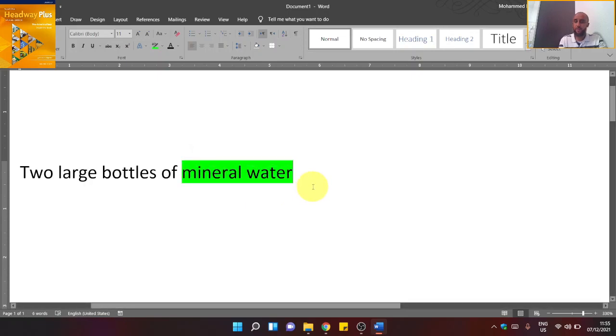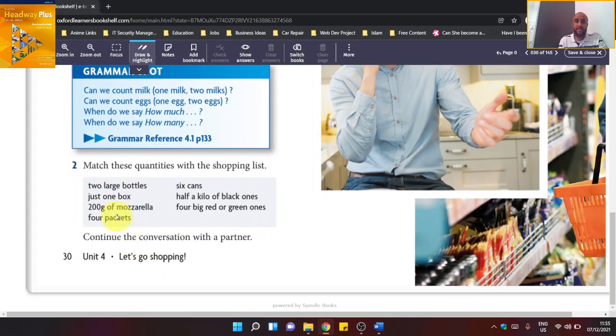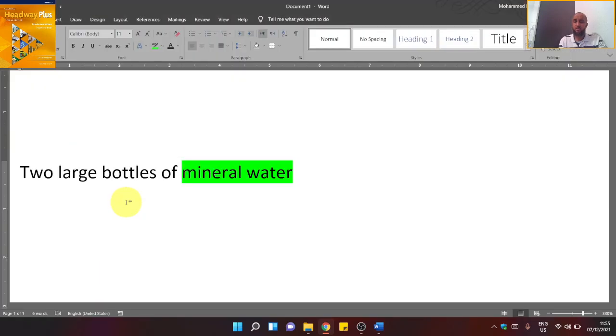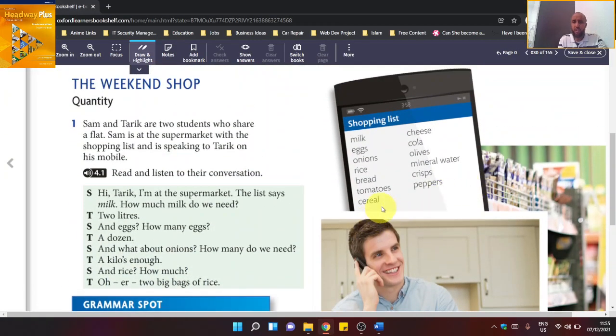Okay, good. The next one says just 1 box. Box of what? Maybe usually they're talking about a box of cereal, because usually a cereal like Kellogg's cornflakes comes in a box, right?